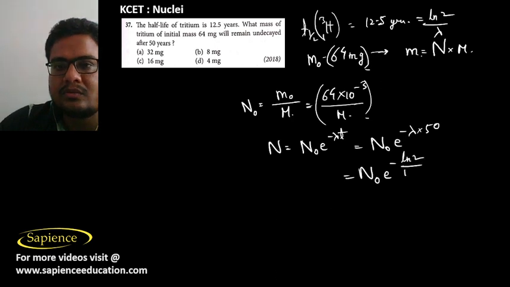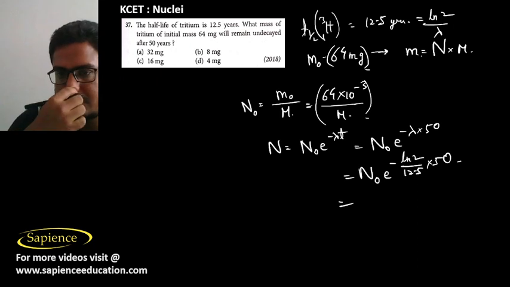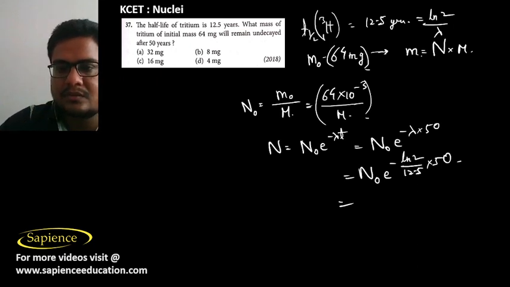So ln2 by 12.5 into 50, that is 4, so minus 4 ln2. So e power ln2 power minus 4, that is 1 by 2 power 4.